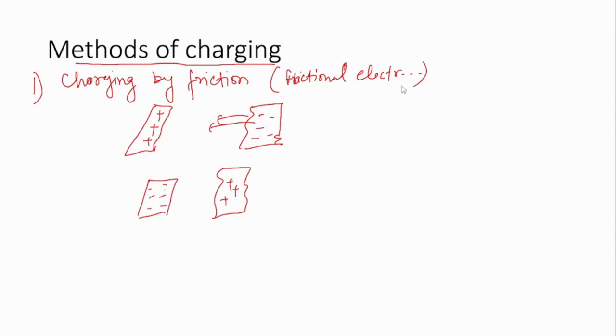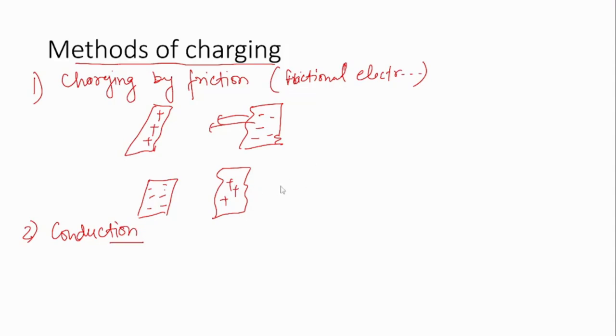Now the second method is charging by conduction. As you can see from the term, conduction is the process of transfer of charge by contact of two bodies.